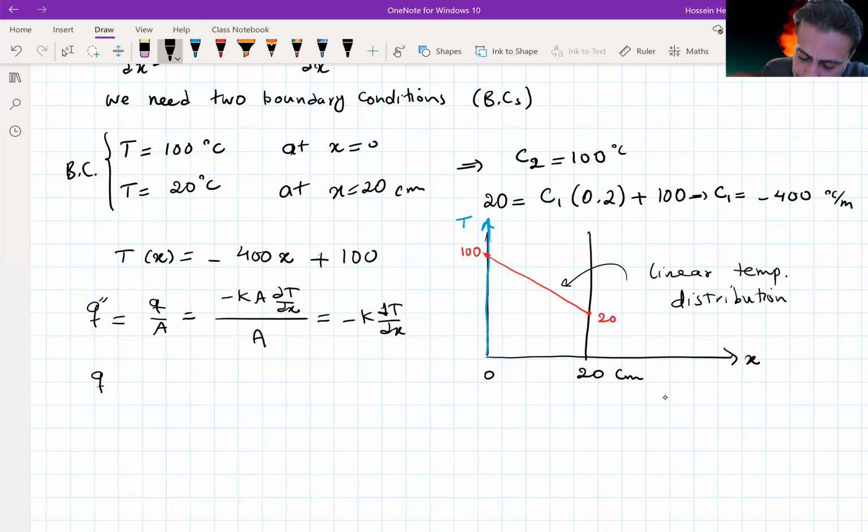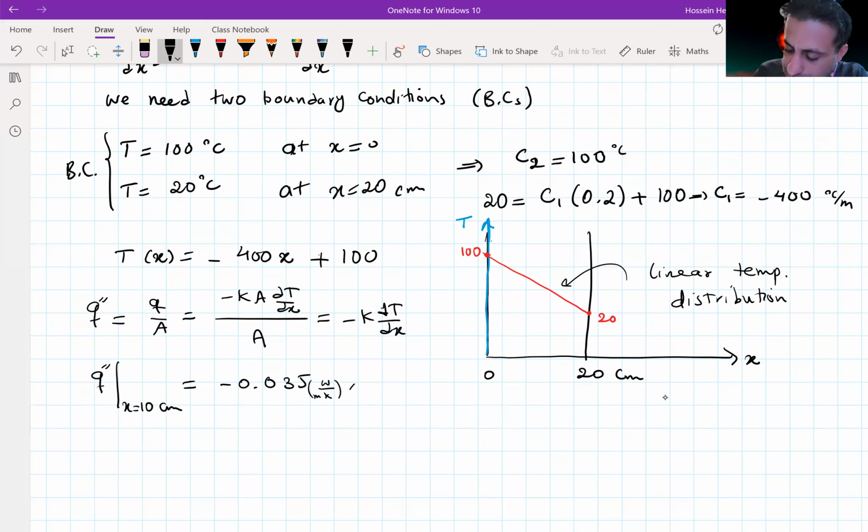Now, Q double prime at x equal to 100 centimeters, this is what we have been asked. k was 0.035, with a unit of watt per meter Kelvin.